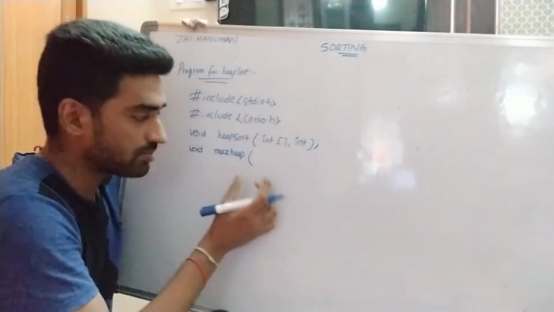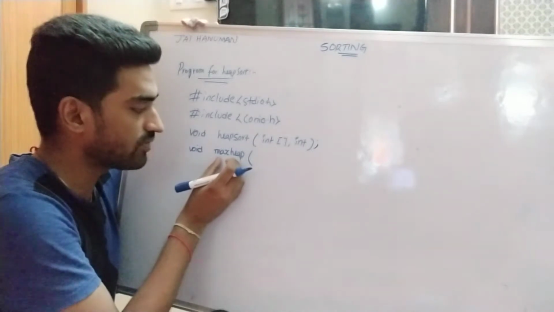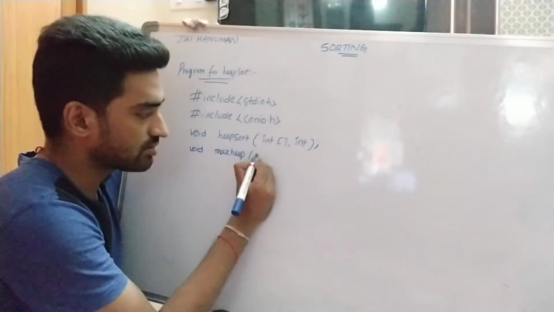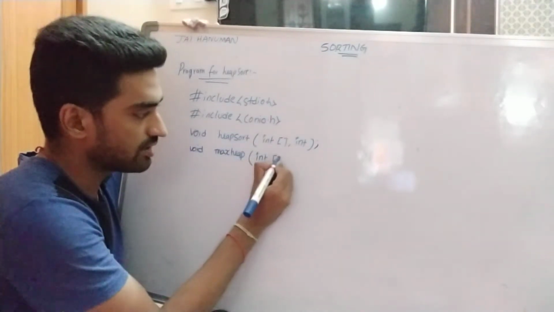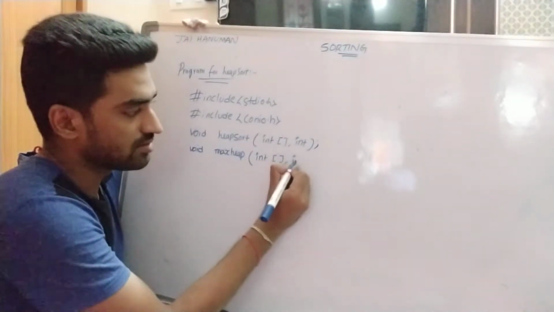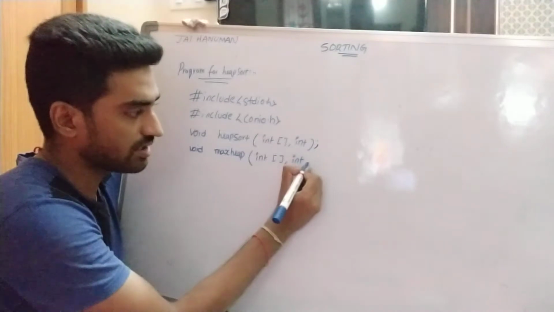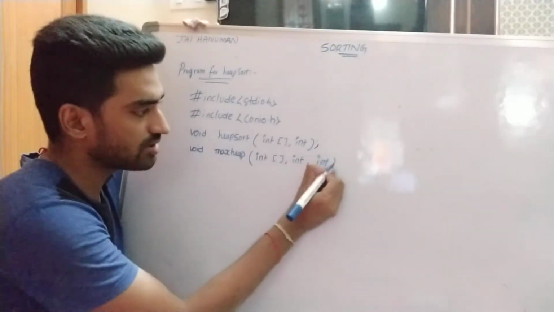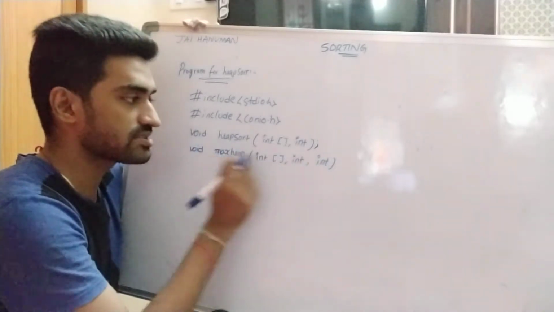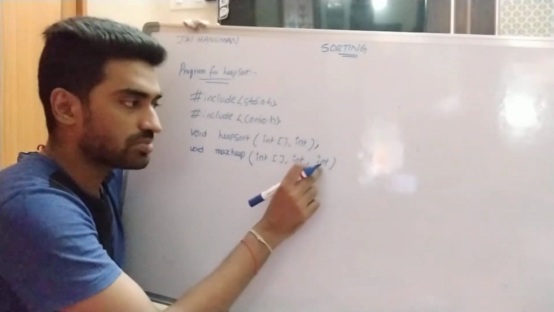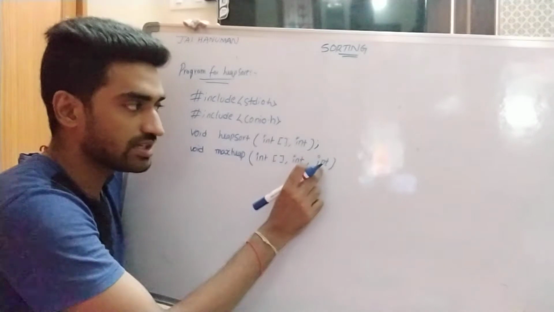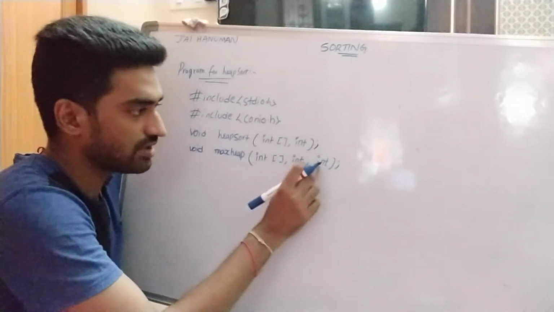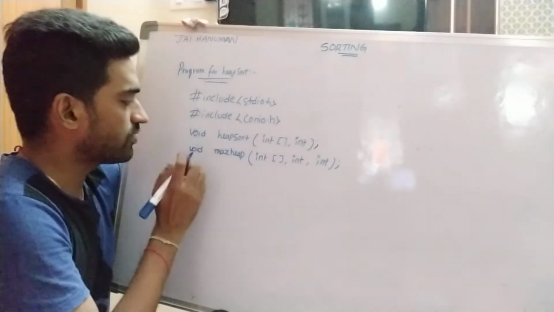For that purpose, I am writing the maxheap function. In the maxheap function, we pass the array name, the number of elements in the array, and one more parameter, i. i is also an integer variable, so I am writing int. So these are the two function declarations.